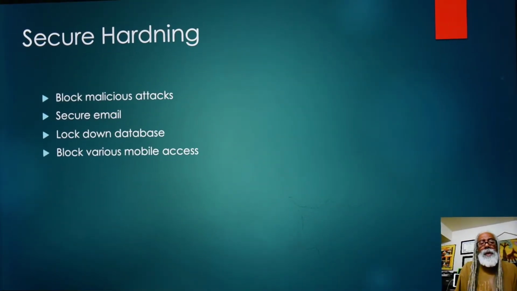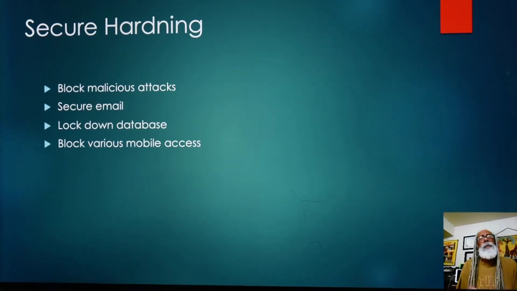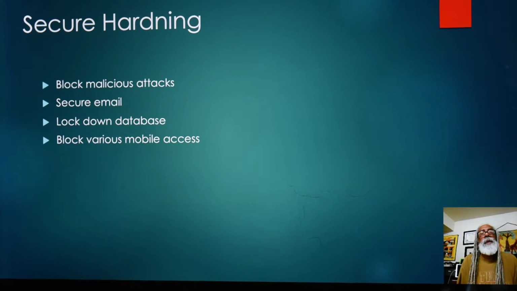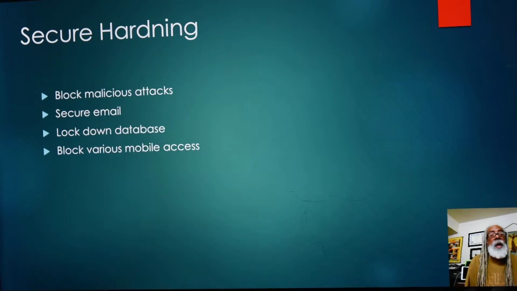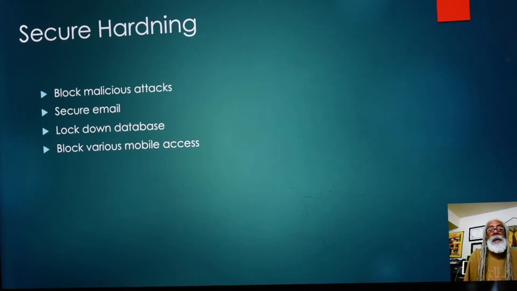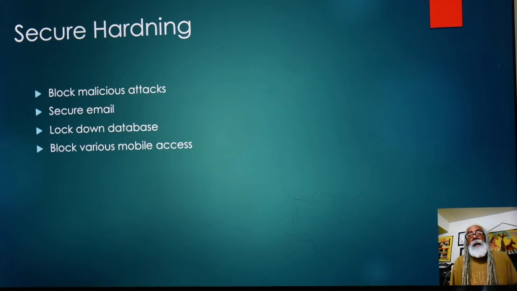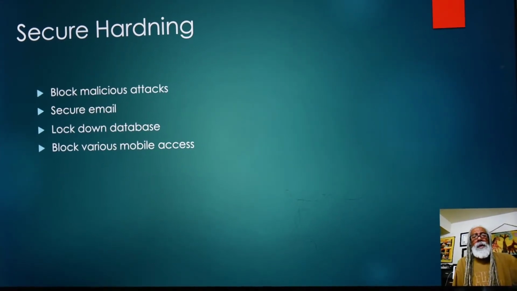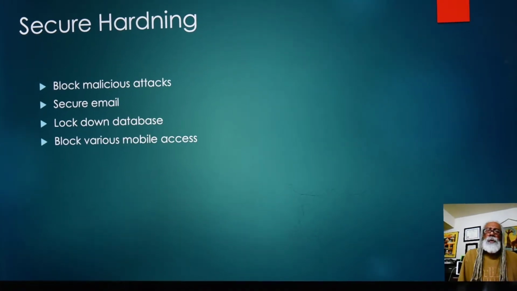So, we would like to find some way to block these things from happening. That's what is called prevention: hardware prevention, secure hardening, blocking malicious attacks coming through the firewall. The firewall has to be locked down with various tools.